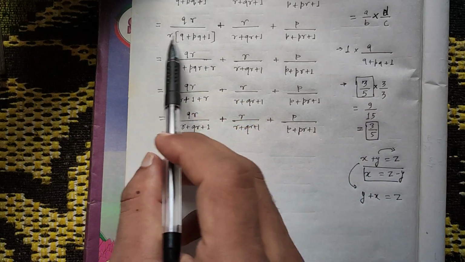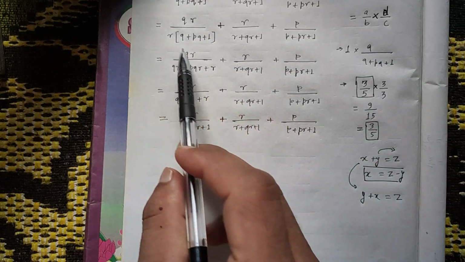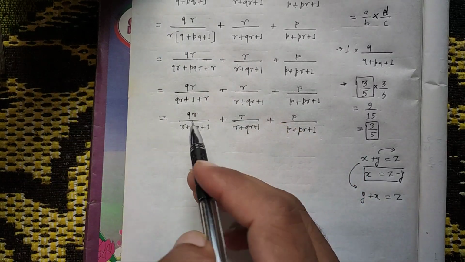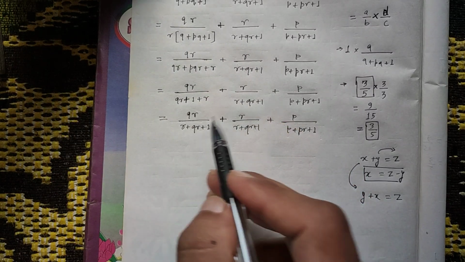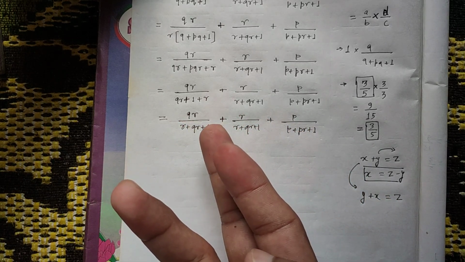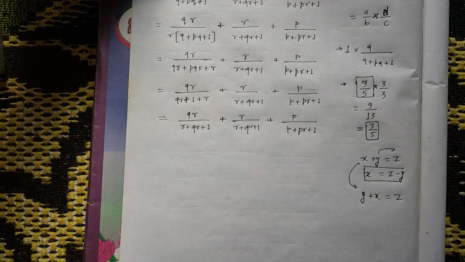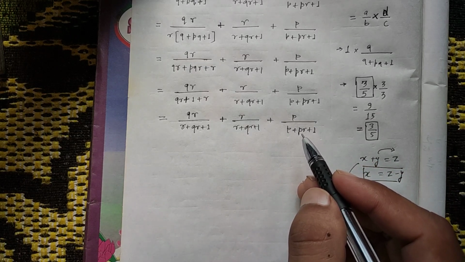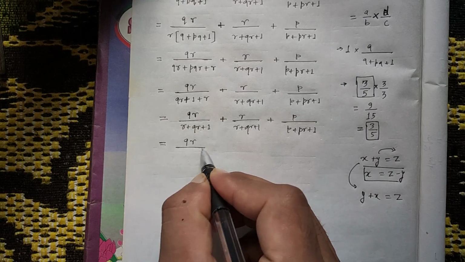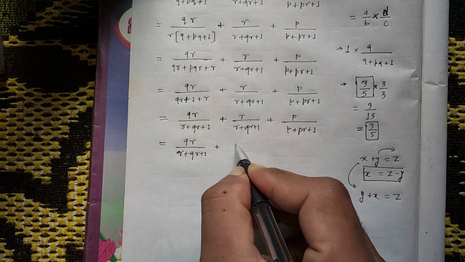In this step I told you to change only one term at a time, not two terms at a time, because the denominator may be equal to some other denominator, so we don't have to change that one. Understood? Now we have to change this denominator. To change that, we have to multiply with some variable.